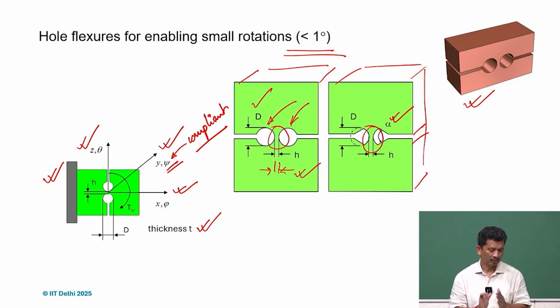So in three dimensions, we can easily say that we have only one degree of freedom, and that is psi, the rotation along the y axis, and that way we can create a hinge, a rotation axis. These are the parameters, and we will be interested in different stiffness values, the range of motion, and of course the stress levels.